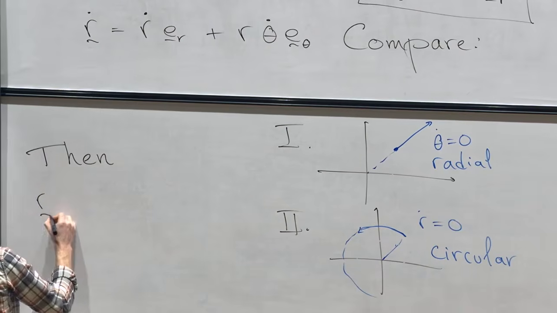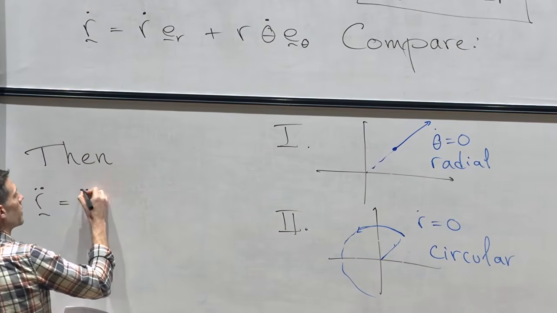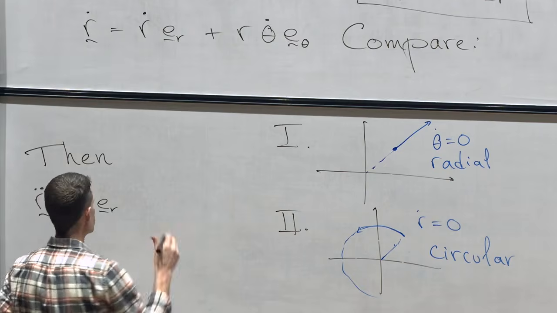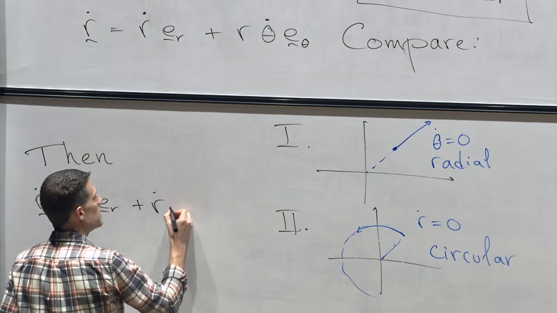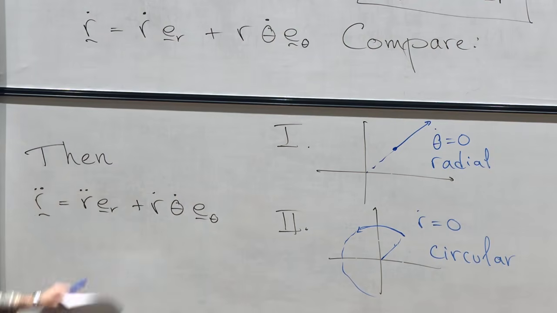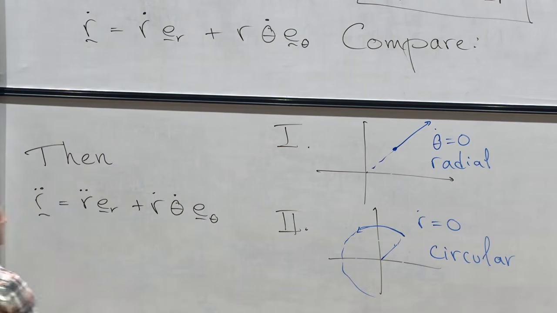So r dot dot is, I get a scalar r dot dot er. I get an r dot, and then the er dot becomes an r dot theta dot e theta. Then you see I get another one of those, taking the derivative on the first term over there.